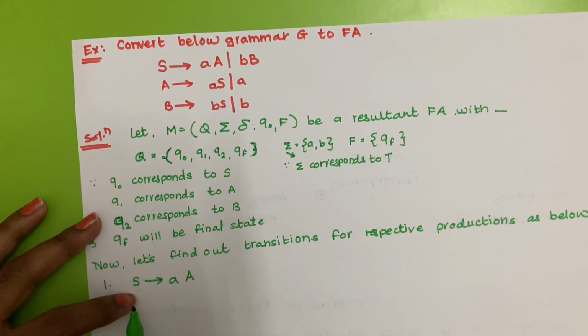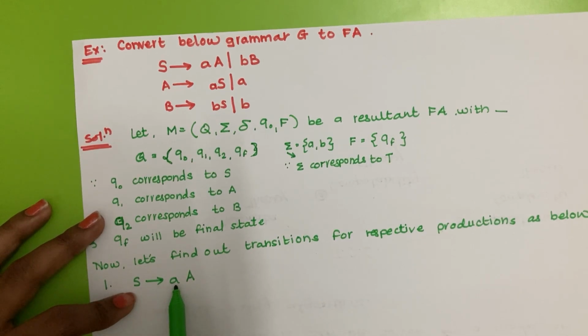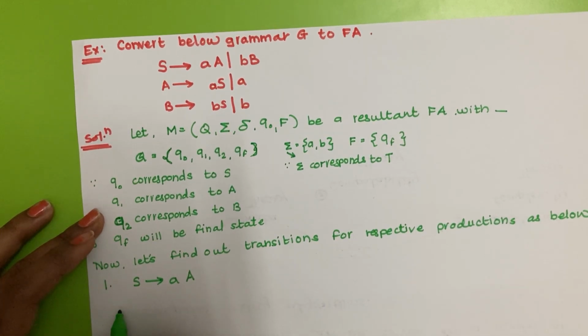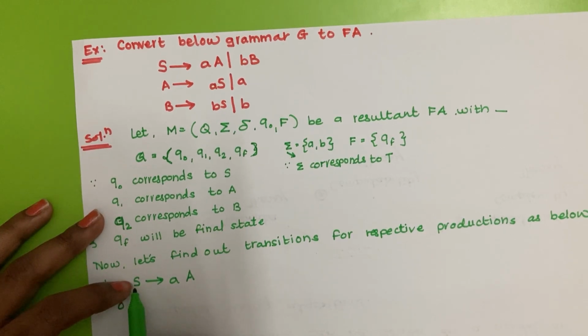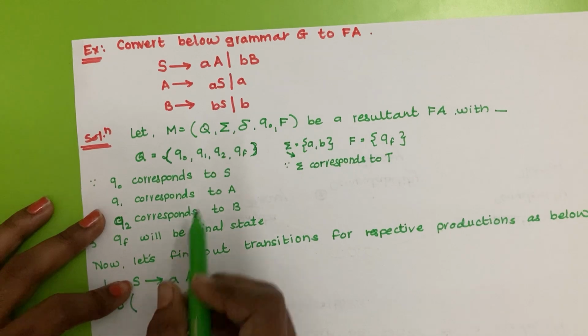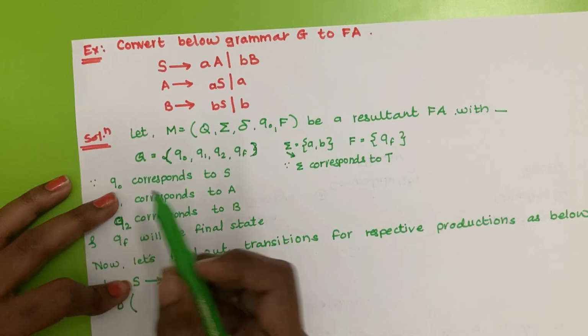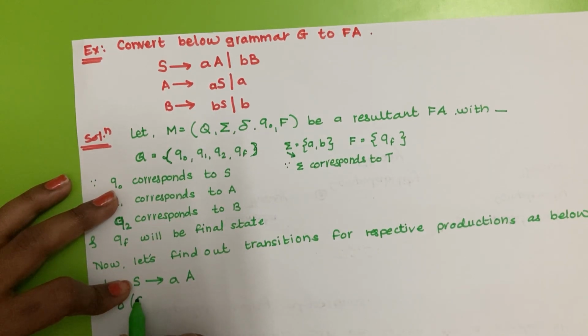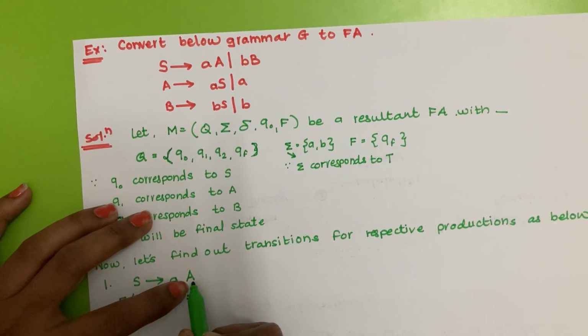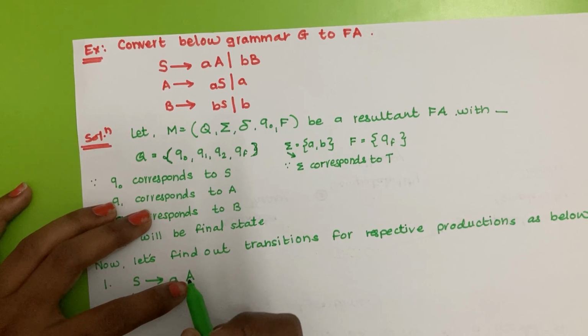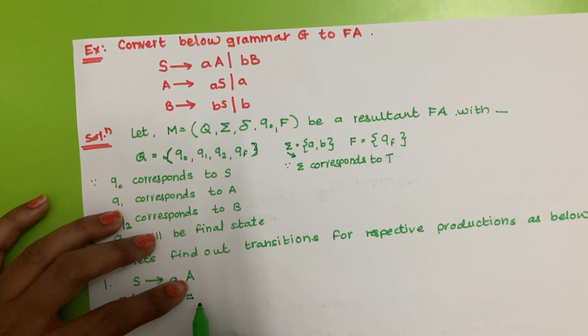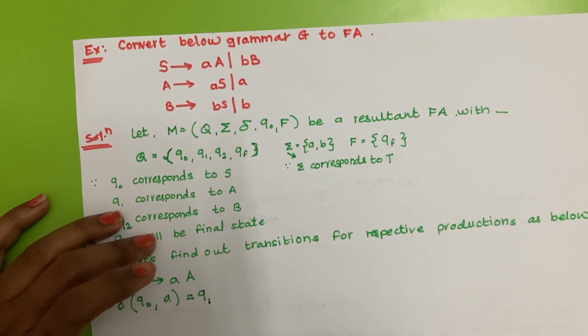First we will consider the first production, that is S → aA. That will be rewritten as δ of S, the start symbol, whose corresponding state is Q0. So instead of S I'll write Q0. The input symbol will be a, because here we have terminal a, and the output variable is A, for which we have the corresponding state Q1. So the output state will be Q1 only: δ(Q0, a) = Q1.